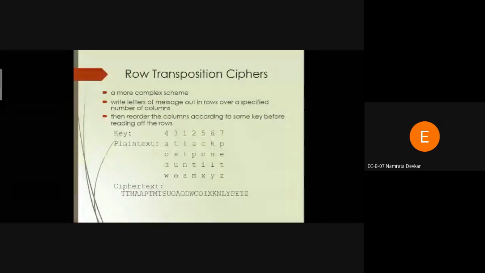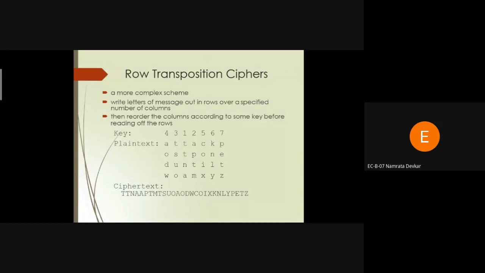Now the second algorithm is the row transposition cipher. If we use a large message or a large key, maybe key 7, key 8, key 10, then as the key increases, it is too complicated to encrypt the message using the Railfence cipher.